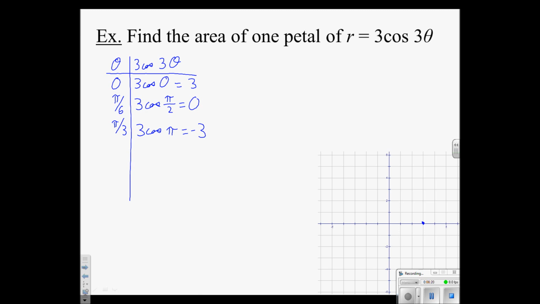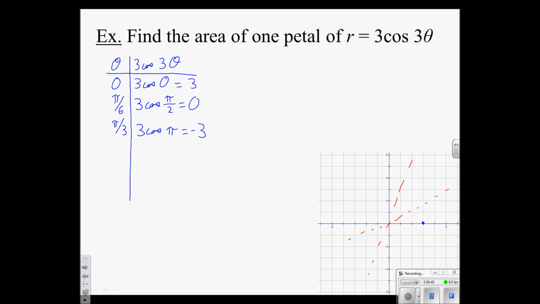Now, at the angle pi over 6, let me put that angle pi over 6 here. In fact, let me go backwards also. As long as I'm at it, let me put in the pi over 3 line as well. Okay, so those lines represent theta equals pi over 6 and theta equals pi over 3.